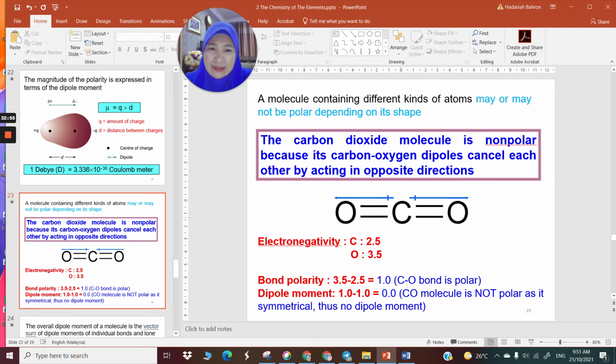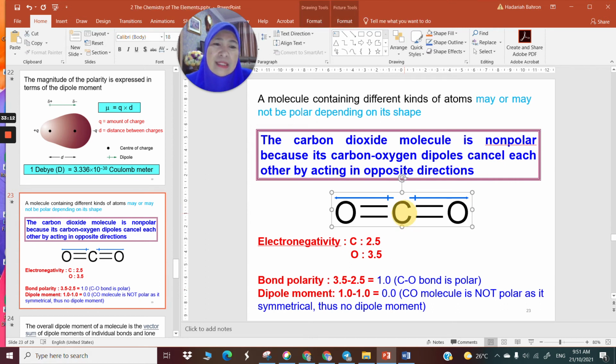For example, if you have carbon dioxide, there is a carbon and there is an oxygen. The electronegativity value of carbon is 2.5, oxygen is 3.5. So the difference between Pauling's values of C and O is 1. So definitely the bond between this carbon and that oxygen is a polar bond, and the bond between this carbon and the oxygen on the left is also a polar bond.